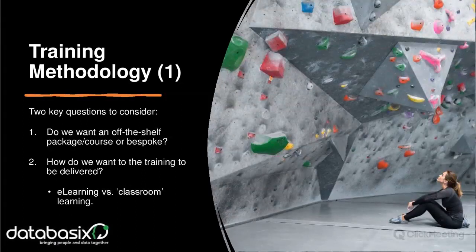Yesterday, I was delivering training to 20 different individuals across multiple different locations via this platform. So video and voice is still interactive, but again, how do you want the training to be delivered? If you want it in person, there's likely to be an additional cost to that. So bear in mind the budget that you might have for training.